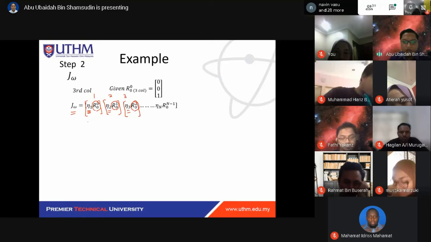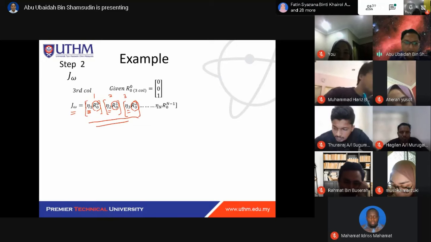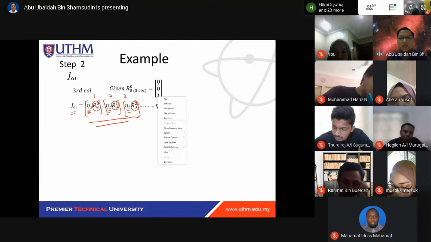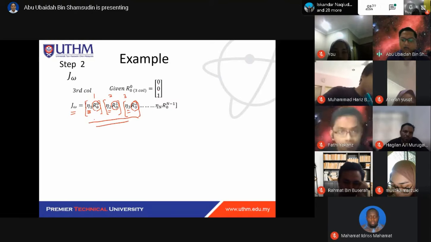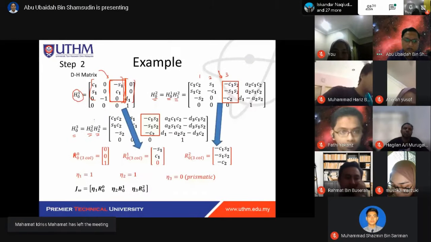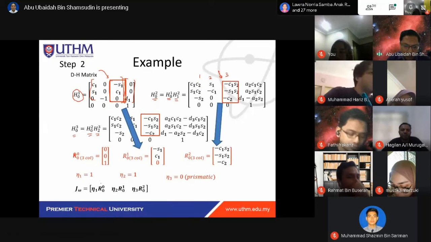Because we have three motors, we just need to find these three. Okay. To get R00, we just use this value 0 0 1. So this is default. Dia sama untuk semua robot sama. So we just put this value here as 0 0 1. Okay. So for this part here, R00 is 0 0 1.